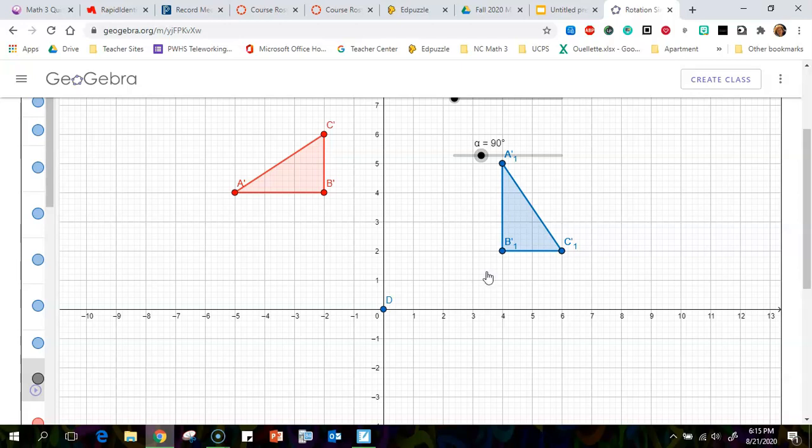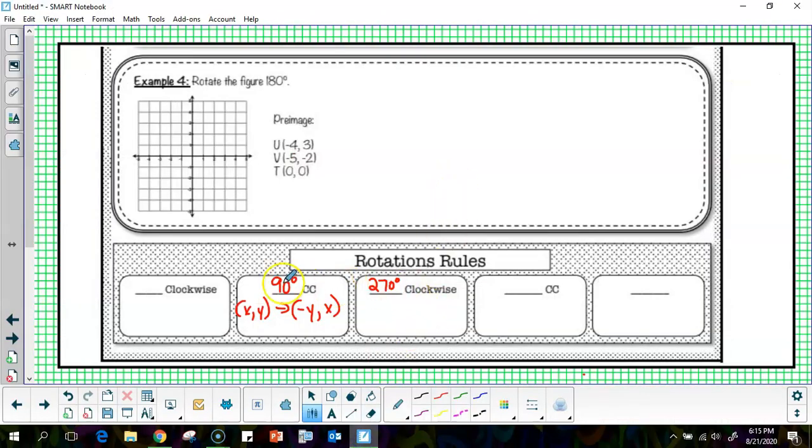I'm sorry, I said clockwise, I meant counterclockwise. So going back over to our notes, we're going to write 90 degrees counterclockwise is the same as 270 degrees clockwise. So we're going to write the exact same rule for these two situations.